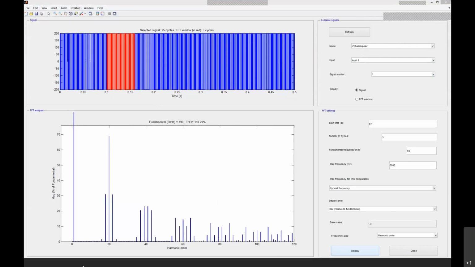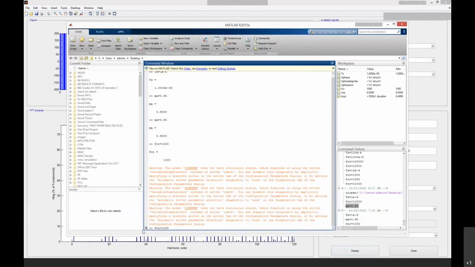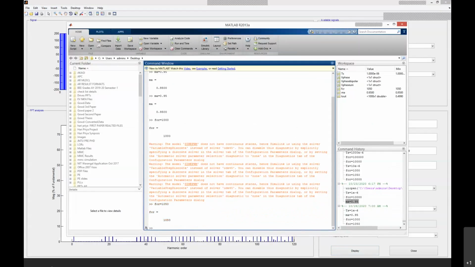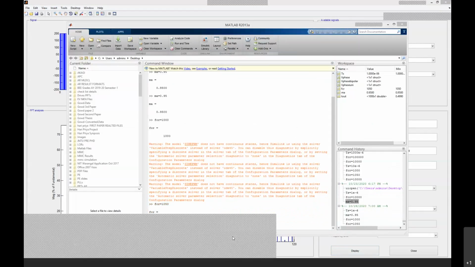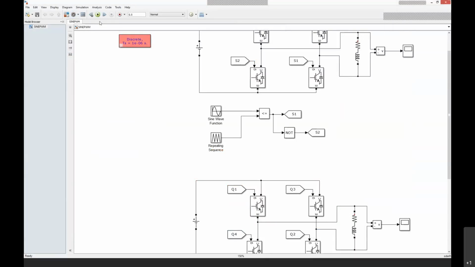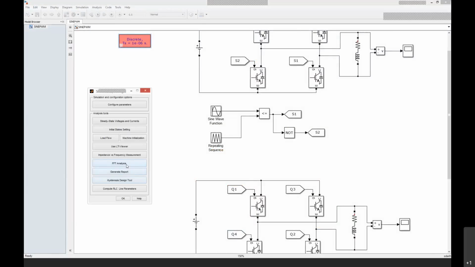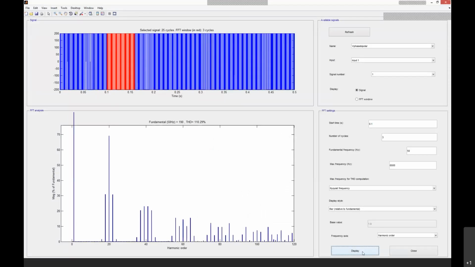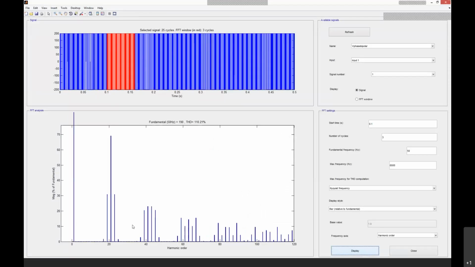So we can change this one by considering this as some odd number. For 1000 Hz, the nearest number you can select is 1000, which corresponds to mf equal to 21. So we'll run this again. The harmonic spectrum is shifted slightly.